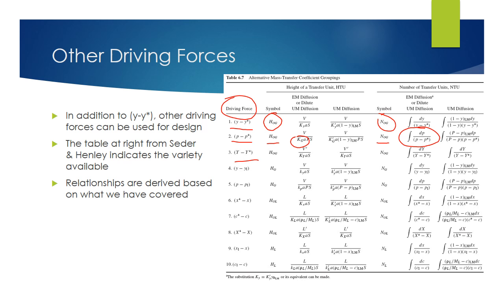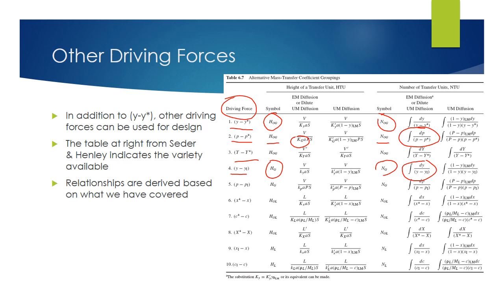If we base our calculations on the interfacial composition, we use different symbols, HG and NG, and those are different, and you would have to have some way of knowing the interfacial composition to calculate the number of transfer units.